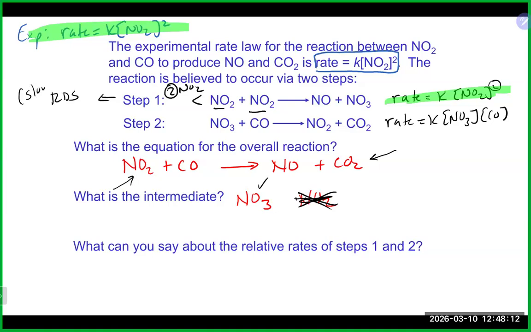That should be the slow step in the mechanism. So when we look at the rates of 1 versus 2, 1 should definitely be slower than 2. Step 2 would be the fast step in the mechanism, as it has a rate law that doesn't match the one that was found experimentally.